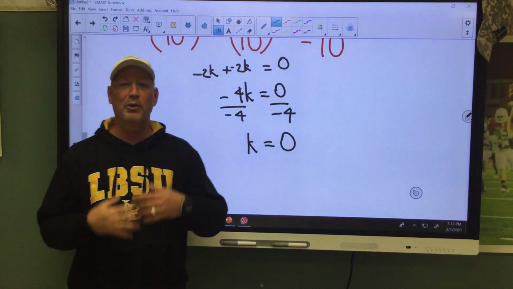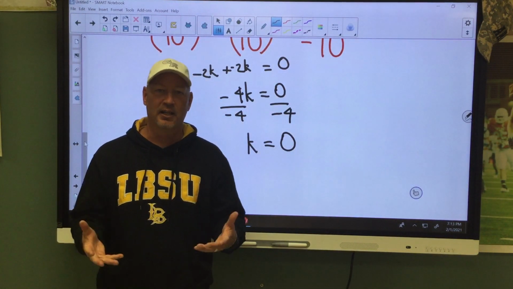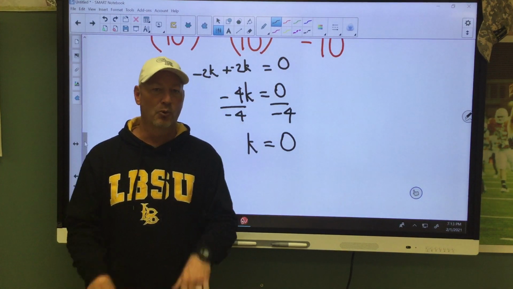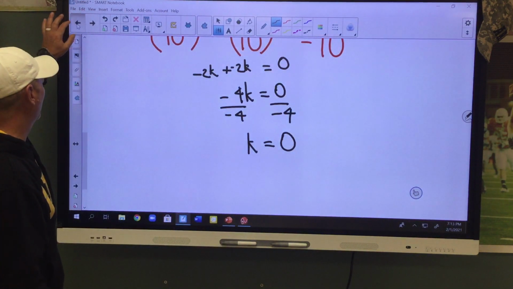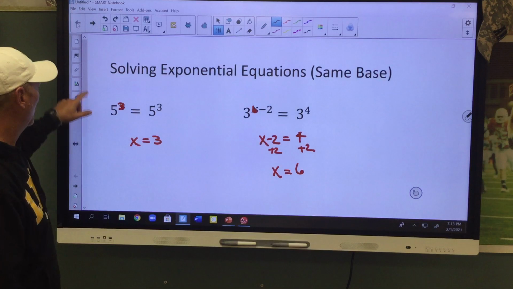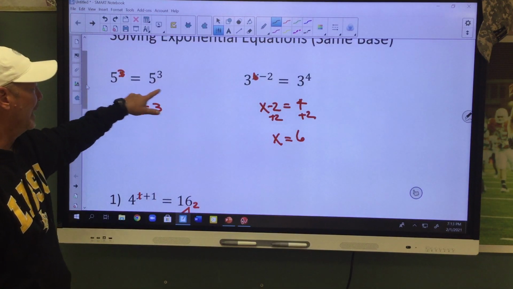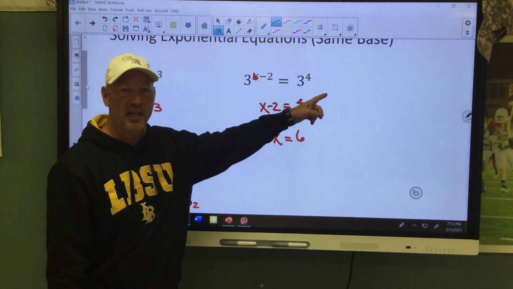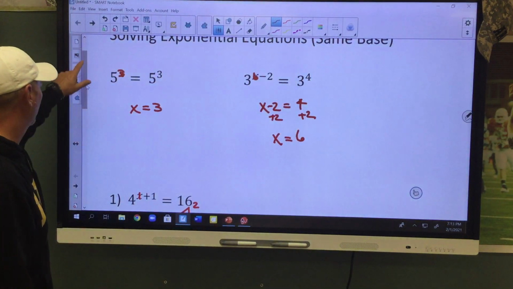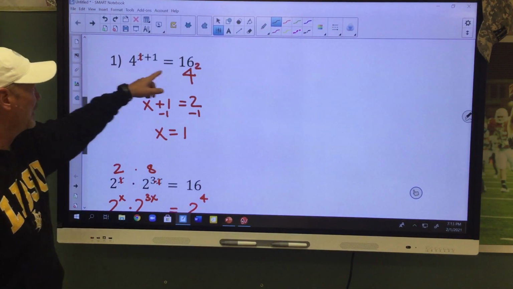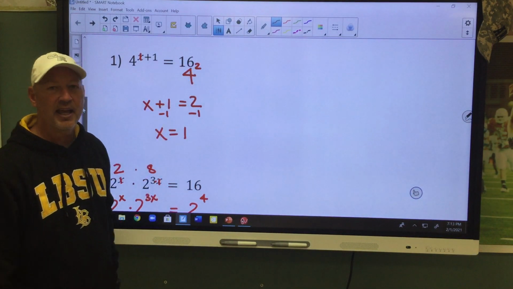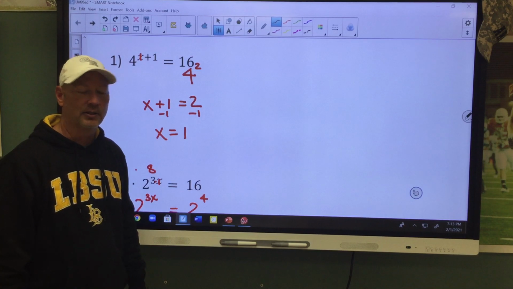All right, so as we went through this process, things got a little more complex, okay? So let's backtrack to remind you what you just did. We're going to go back to the beginning. We said that we needed to have the bases the same so we could set up an equation with the exponents. We said sometimes I may have to change and rewrite this as an exponent so the bases will match.